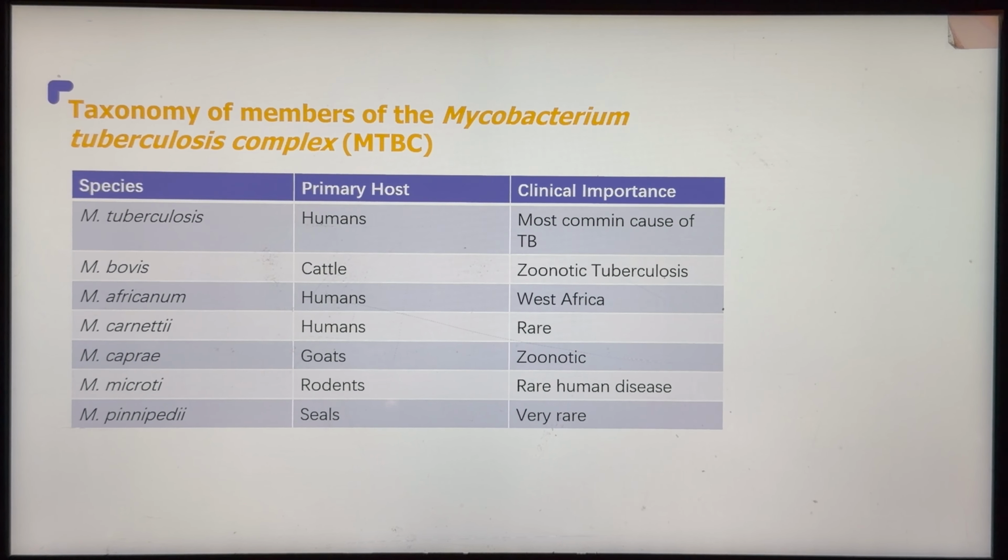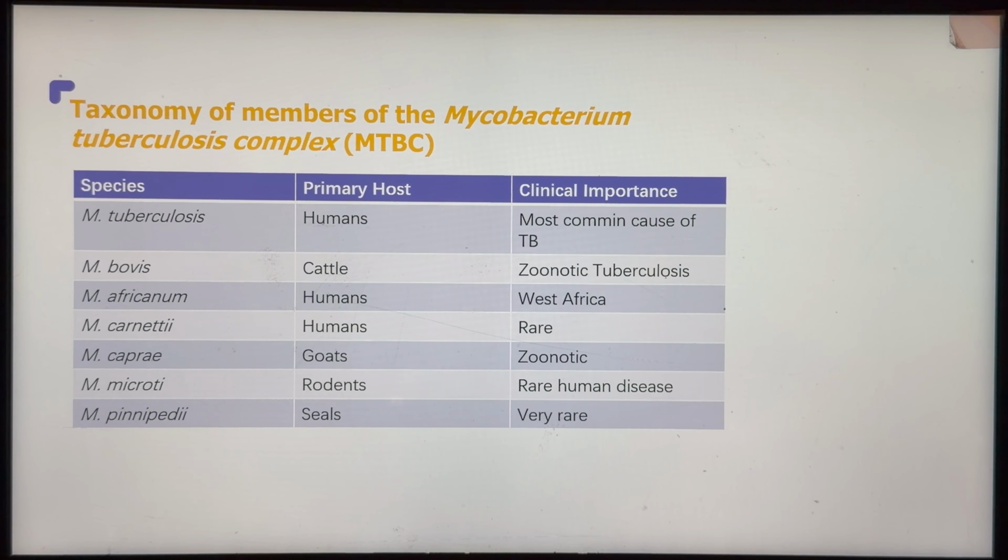The remaining members, including Mycobacterium canettii, Mycobacterium caprae, Mycobacterium microti, and Mycobacterium pinnipedii, are relatively uncommon causes of human disease, but are epidemiologically important because they demonstrate the wide host range and evolutionary diversity of the MTBC.